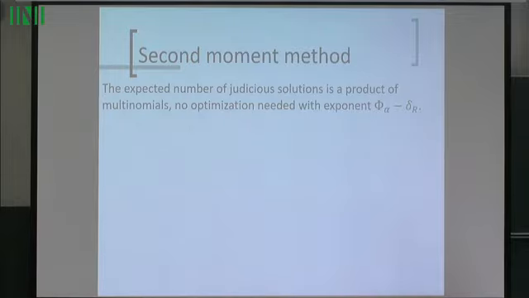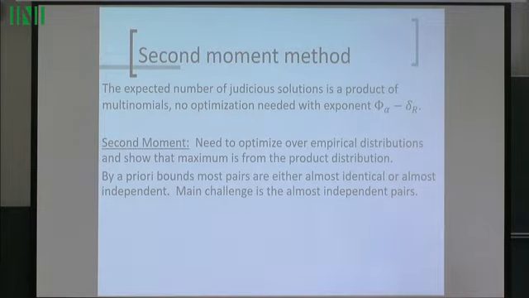Okay. So then we want to do the second moment method, and so we're counting pairs of these clusters or colorings of the edges, and we want to show that the biggest contribution comes from the product measure.